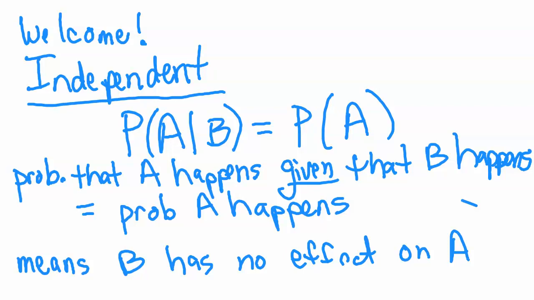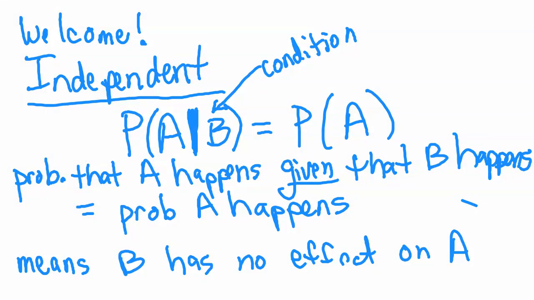All right, so this straight line right here, it means given. And so this is the part that's the condition. We know B happens. So what happens is that makes the sample space smaller, because it has to come out of B, since we know B happens.